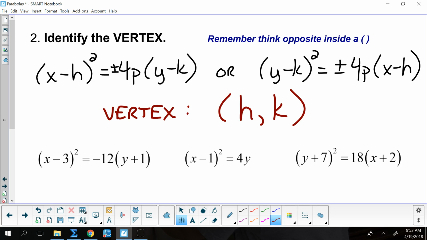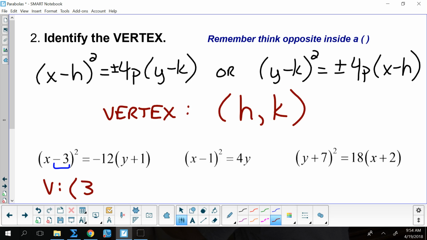And I left you a little note at the top of the page that says, remember, when you're dealing with something inside a set of parentheses, you need to think oppositely. So down here on this one, my vertex is going to be at, I see negative 3, but it's inside a set of parentheses, so I think oppositely, and it's positive 3.